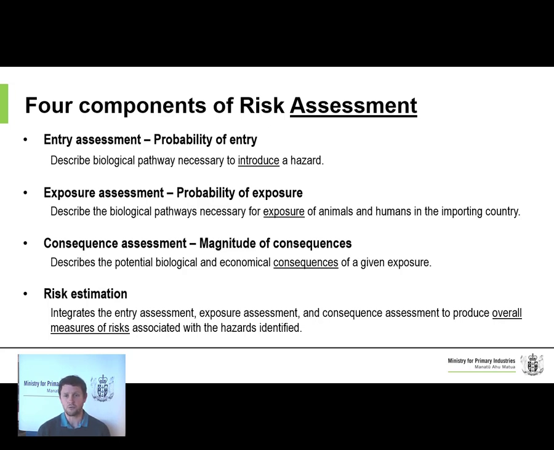So we describe the potential biological and economic consequences of a given exposure, and again we'll use some examples a little bit later on. And we talked about risk estimation, where we look at the overall categorization of the entry assessment, the exposure assessment and the consequence assessment to produce an overall measure of risk associated with the hazards identified.